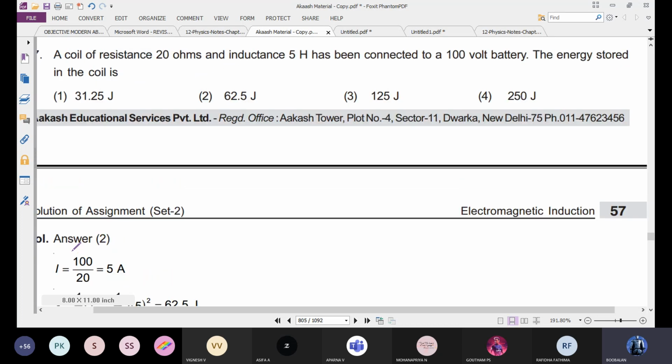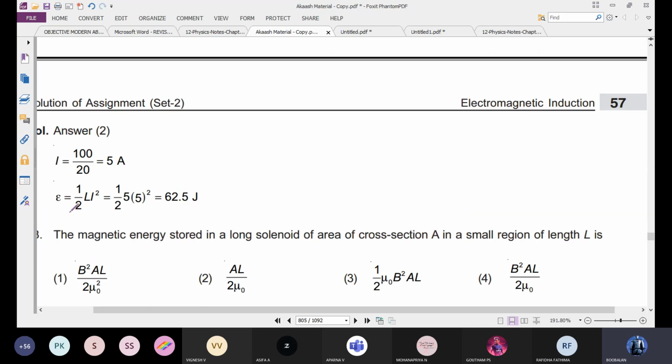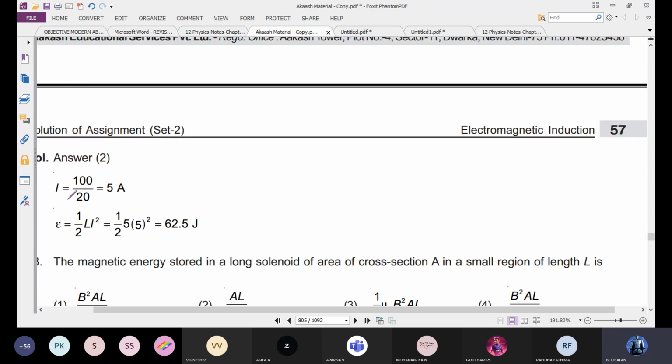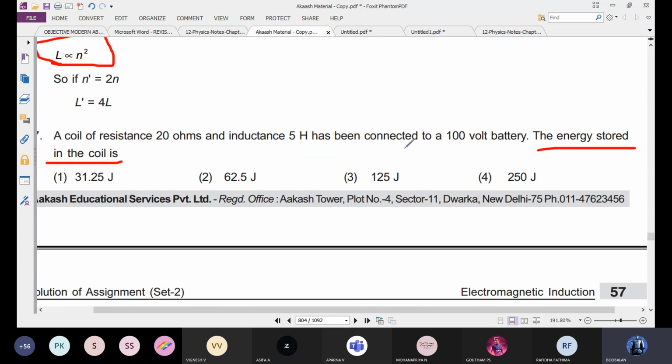Now, the energy stored in the coil. Just now I said the formula: E is equal to 1 by 2 L I square. L is the self-inductance, I is the current, but the I value is given in a different format. Using Ohm's law, V is equal to IR.